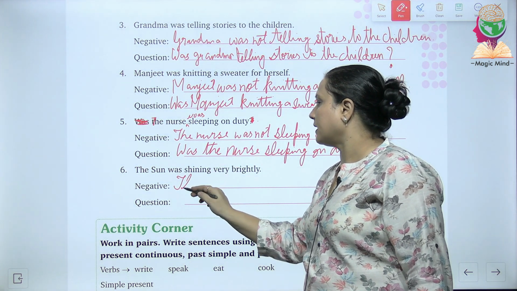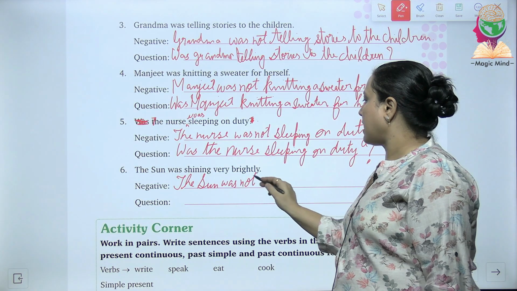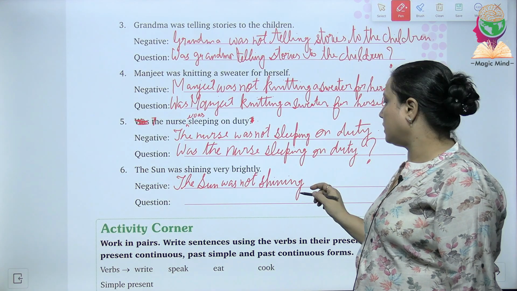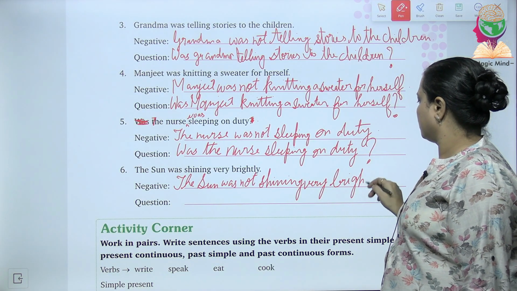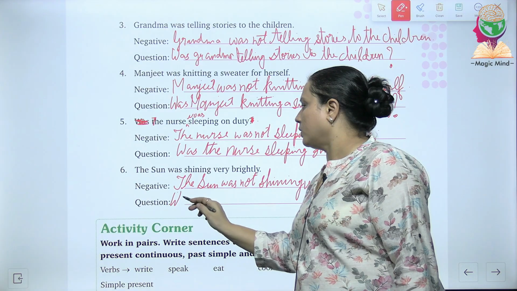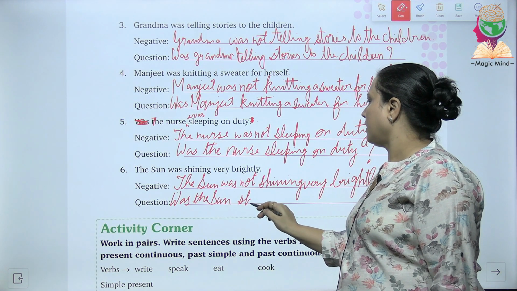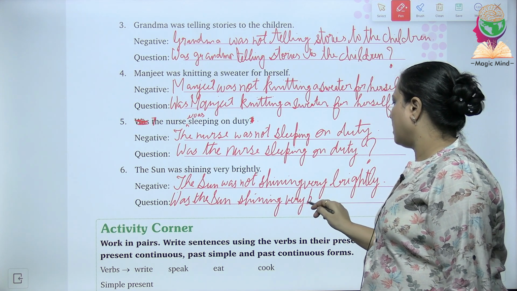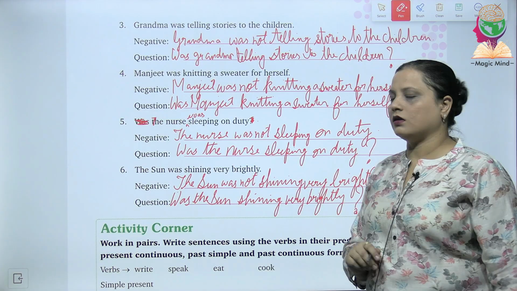We will write for the negative, the sun was not shining very brightly. And a full stop. And for the question, we will begin with was the sun shining very brightly, and a question mark in the end.